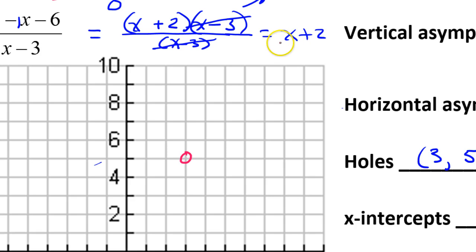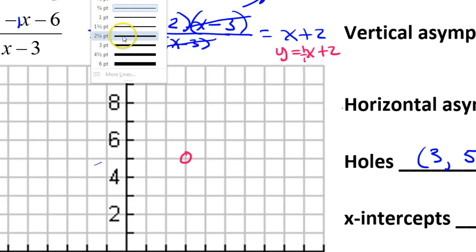Now, I can go ahead and just graph this remaining function because it's just a straight line. I don't need my calculator for this. This is just y equals mx plus b. It's just y equals x plus 2. So I'll have a y-intercept at 2, and then I'll go up 1 over 1 from there.